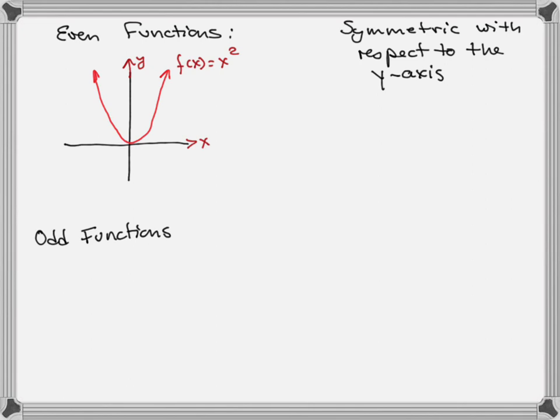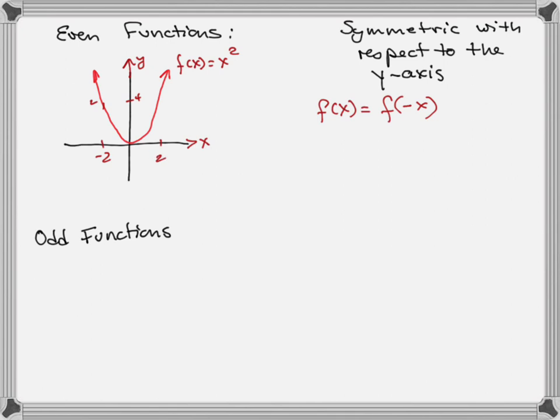Algebraically, you have to test for that. If f of x is equal to f of negative x, then we know the function's even and is symmetric with respect to the y-axis. For example, if you pick -2, you get 4.